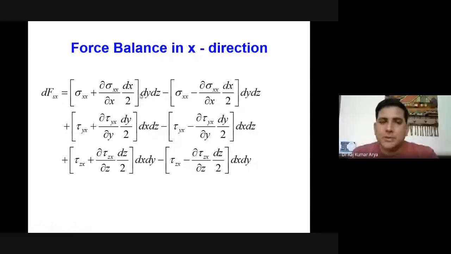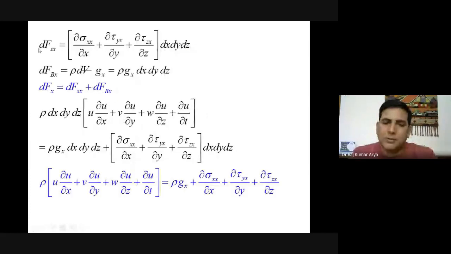So if I simplify this, the first term will get cancelled. The second term would be added, and you have half here, it will become full. Correct or not? So in all these, the first terms, sigma xx, tau yx, tau zx, will get cancelled by this term, and the half terms would be added up, they will become full. So it will become something like that. dFsx would be equal to del sigma xx upon del x, del tau yx upon del y, del tau zx upon del z, right?